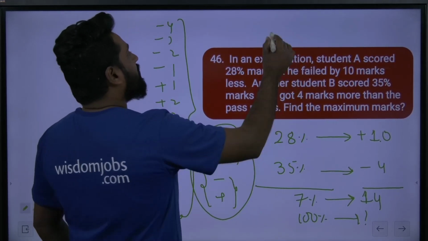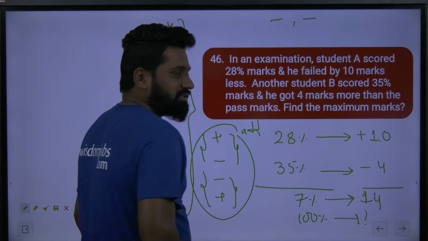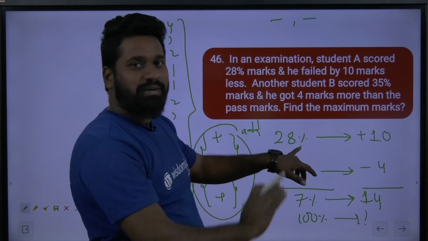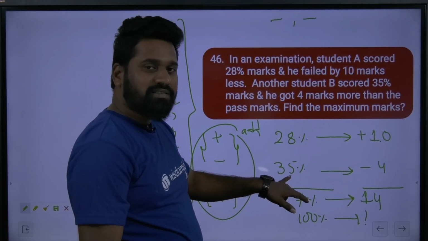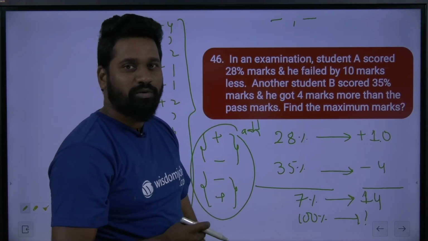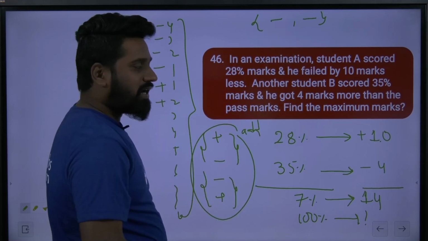For example, you are getting minus and minus combination. That means first person got 4 marks more than the pass. Second person got 6 marks more than the pass. Both the cases more marks you got. So that is minus case. Or plus.